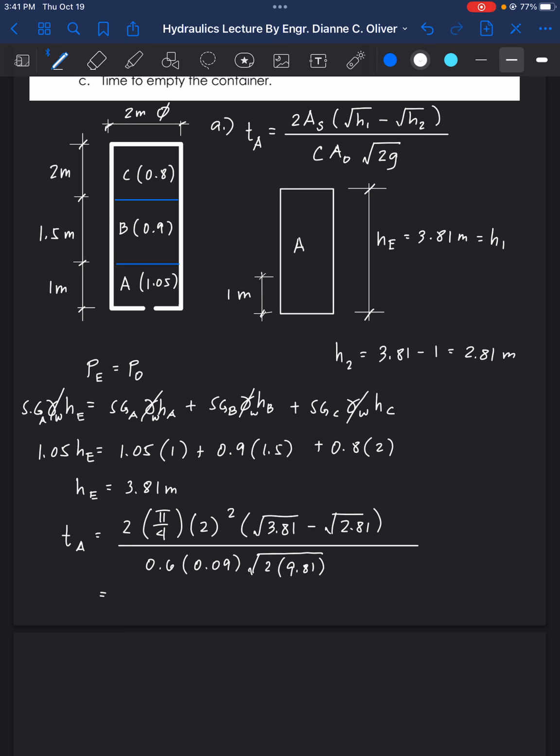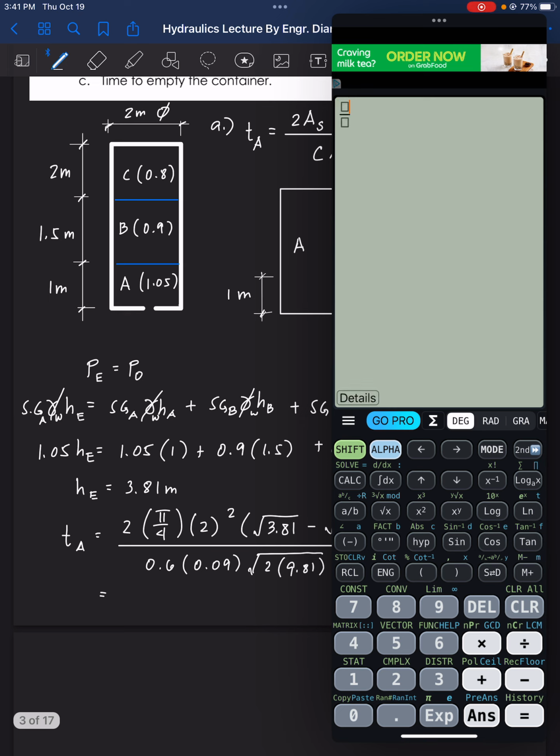So our time A now is 2 times pi over 4 times 2 squared times the square root of 3.81 minus the square root of 2.81, over 0.6 times 0.09 times the square root of 2 times 9.81.